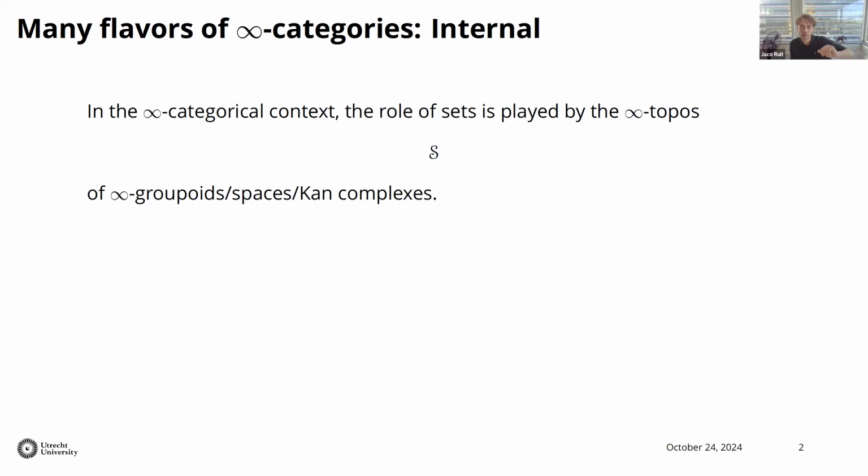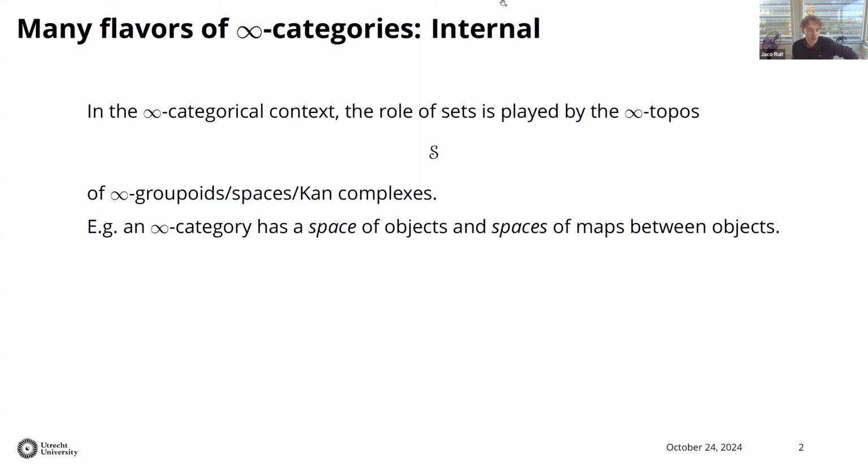I will denote this infinity category of infinity groupoids by this curly S that appears on the screen. Why is this true? An infinity category has a space of objects and spaces of maps between objects. Usually if you deal with ordinary categories, these will just be sets. But in this higher context, they are really spaces.